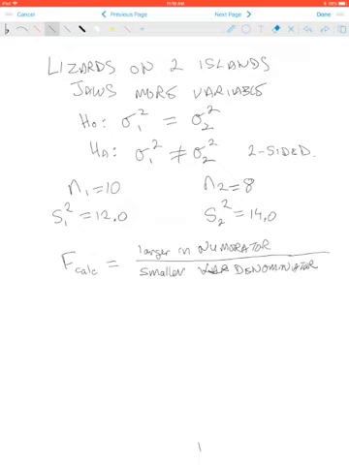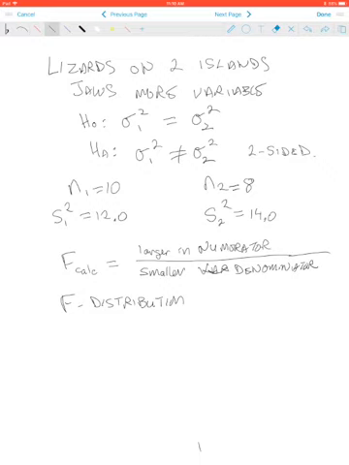And it turns out that if in fact the variances are equal, then there's a theoretical distribution called the F distribution that predicts the distribution of what F should be. Right? So we're going to refer to yet more statistical tables, in this case the F distribution.